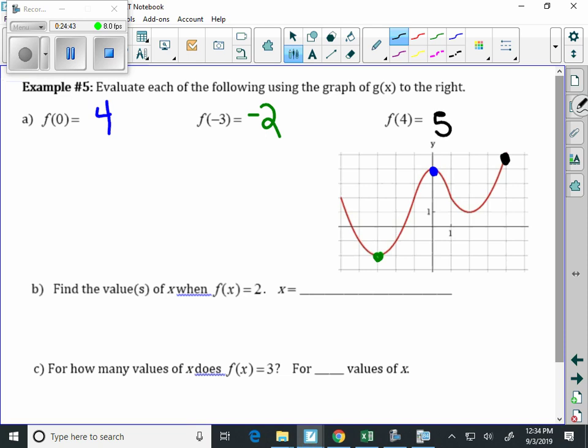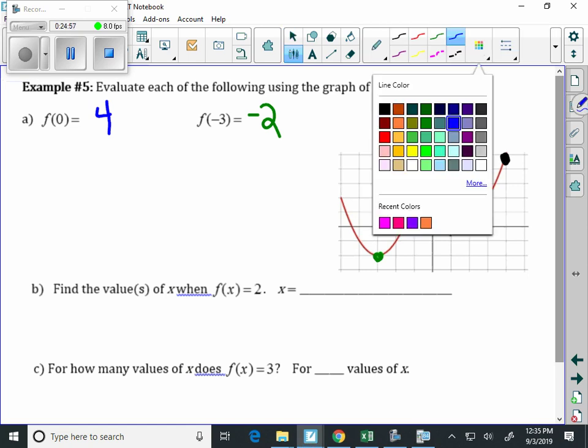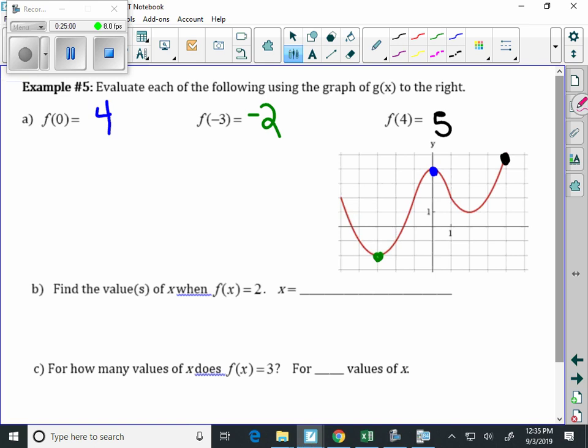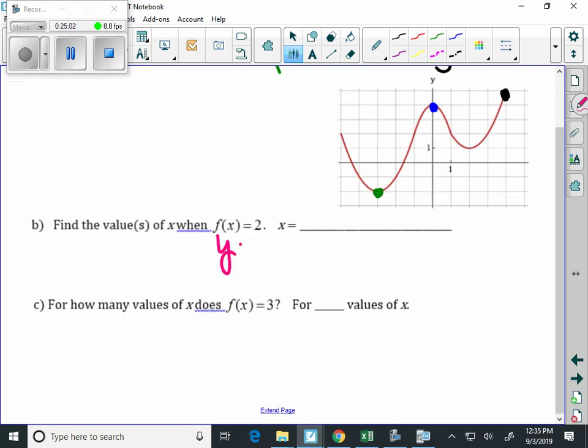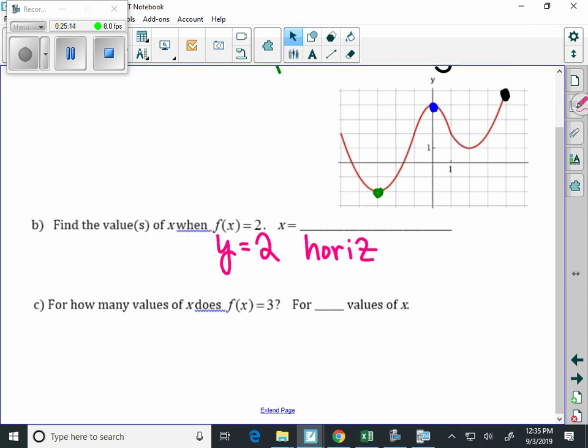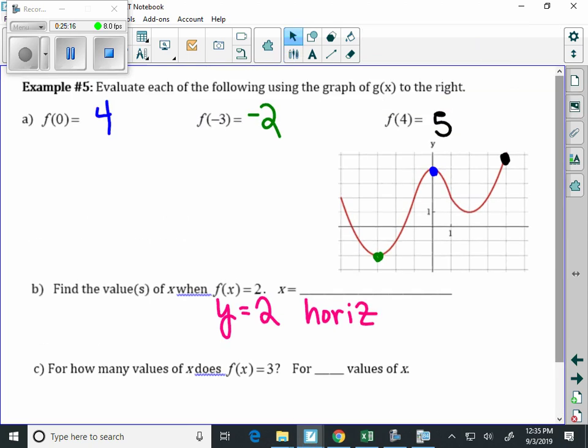And then again, watch out for what these problems are asking. It says, find the values of x when f of x equals 2. Well, on part B here, f of x is another way of writing y. And what I tried to illustrate in the last example is that y equals 2 is a horizontal line. I'm going to try to use my highlighter this time, which I don't always do. But y equals 2 is here.